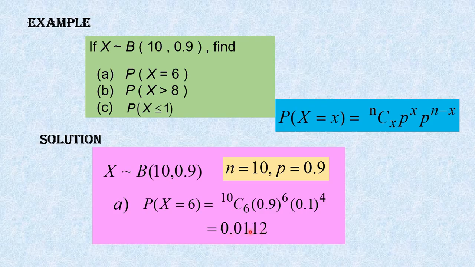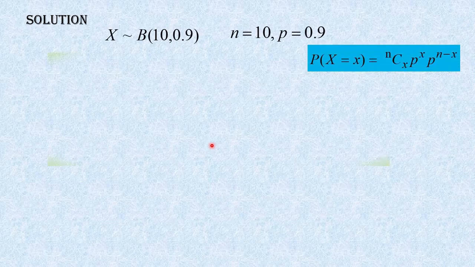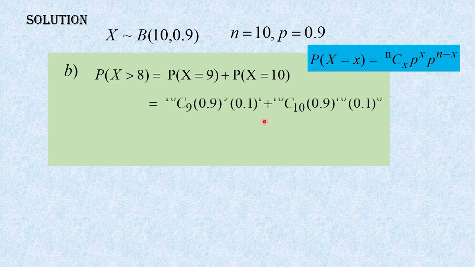Okay, now we continue B. Probability X more than 8 is equal to probability X equals 9 plus probability X equals 10. So substitute the value of x, that is 9, into this formula.